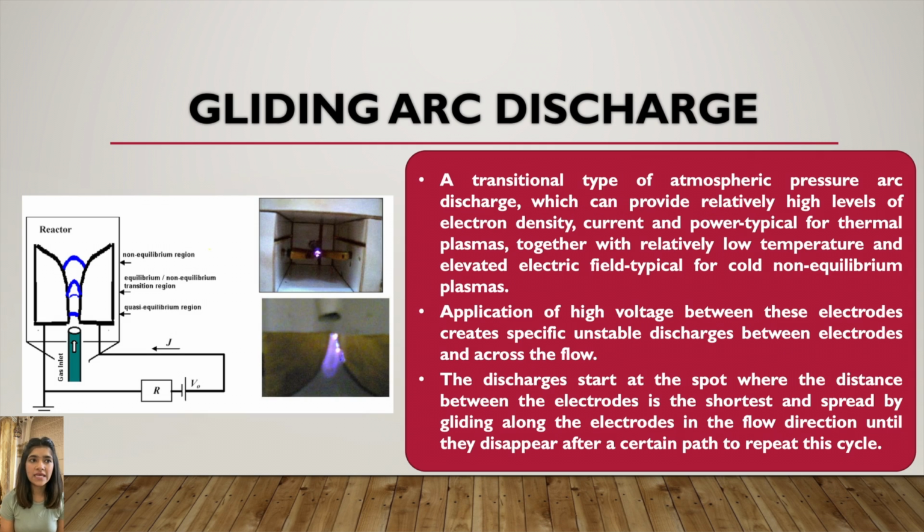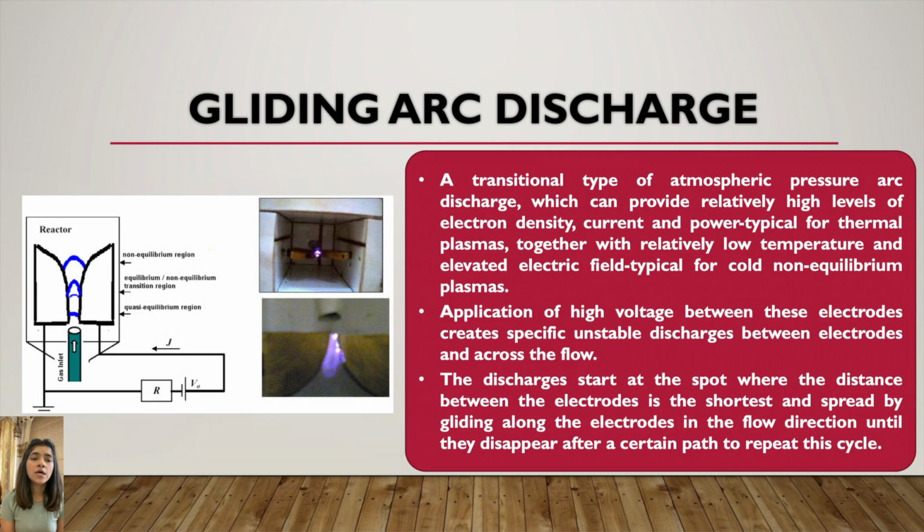Next, we have gliding arc discharge. As the name suggests, it comes out like an arc. The discharges start at the spot where the distance between the electrodes is the shortest and spread by gliding along the electrodes in the flow direction until they disappear after a certain path, then repeat this cycle.